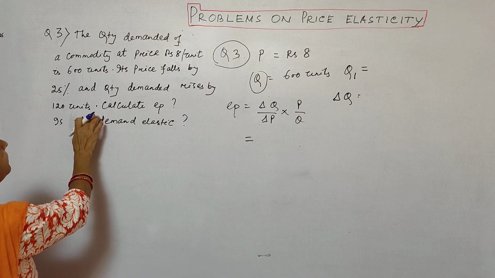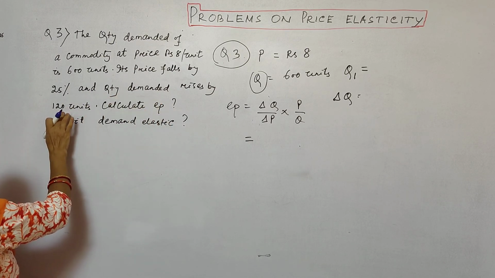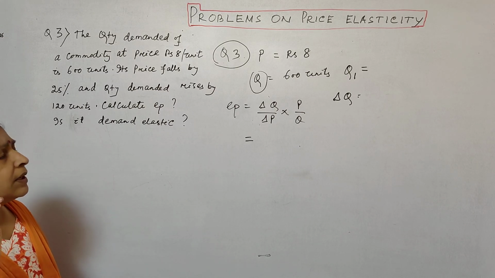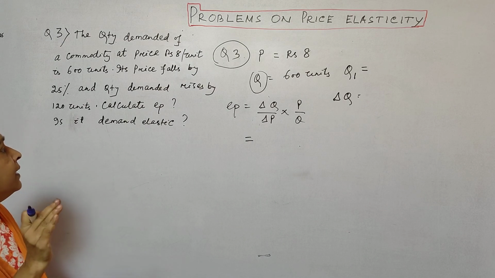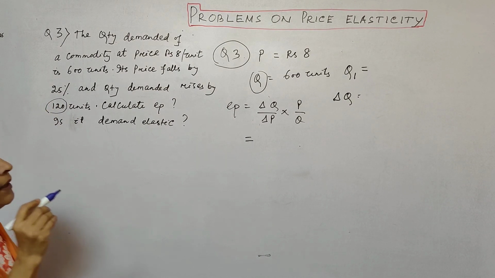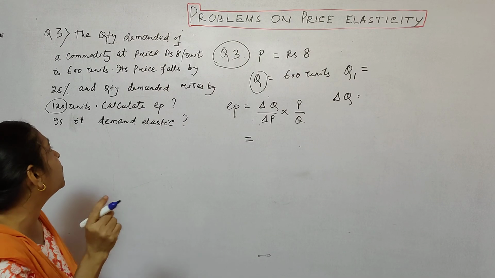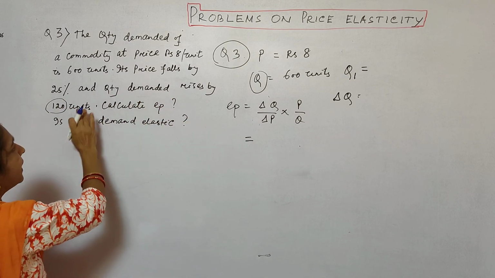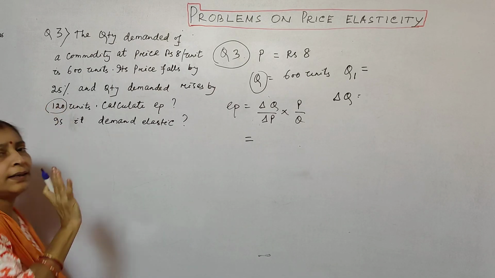Friends, you see here, due to a fall in price by 25%, the demand rises by 120 units. Now what is Q1? Q1 is not 120 units. The demand rises by 120 units. This is the word by, you have to remember here, not to. If they give you demand falls to, then this is the final quantity.